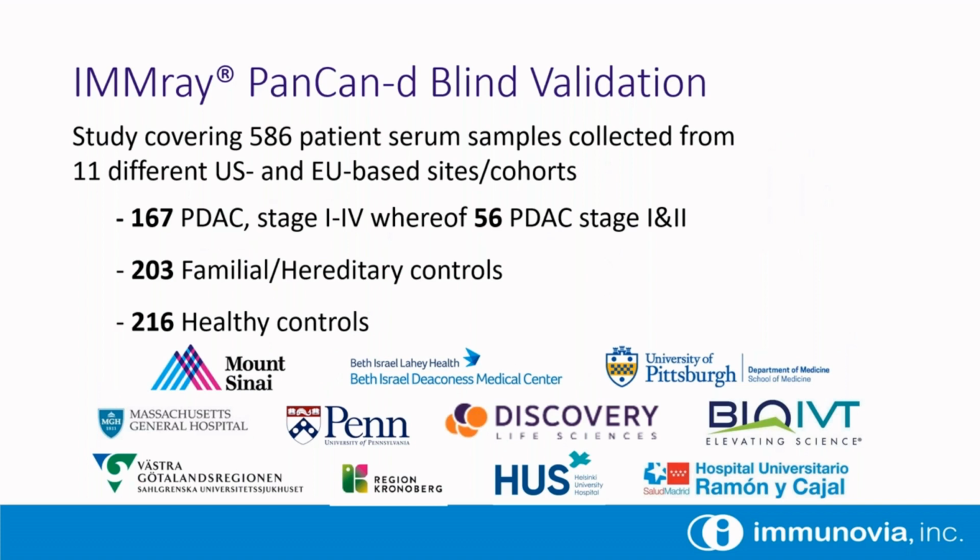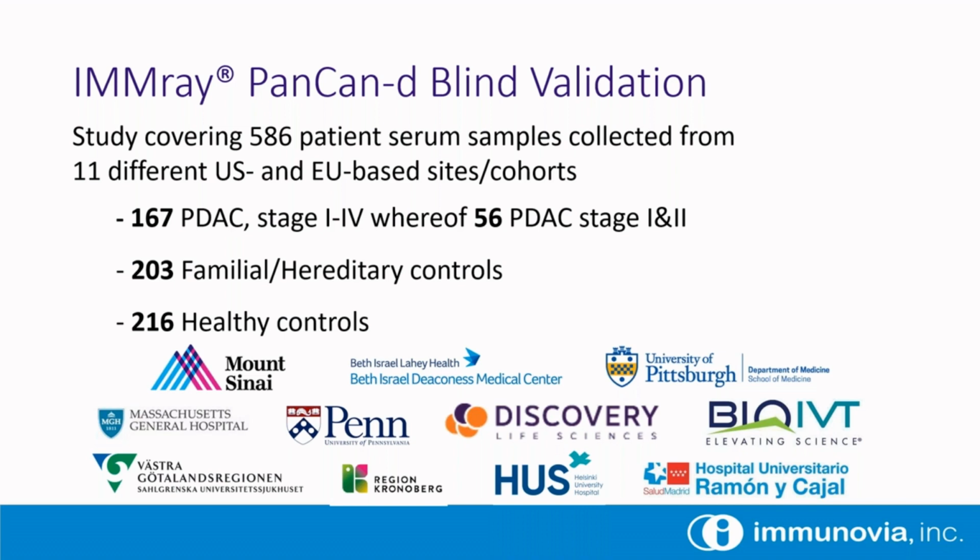What I want to describe for you now is the pivotal study we used to validate the test in Marlborough and to achieve regulatory approval for our launch in August of this year. This is a large study that involved 167 PDAC samples, 56 of which were stage 1 and stage 2, as well as 203 familial and hereditary controls.